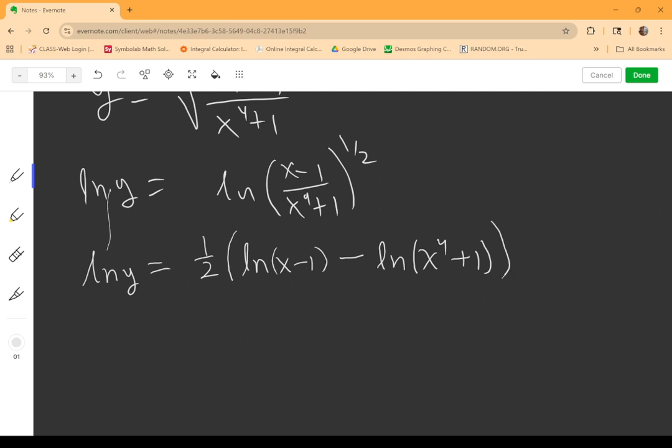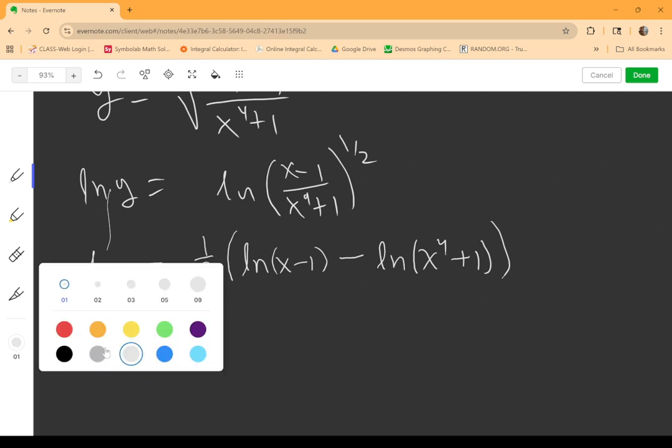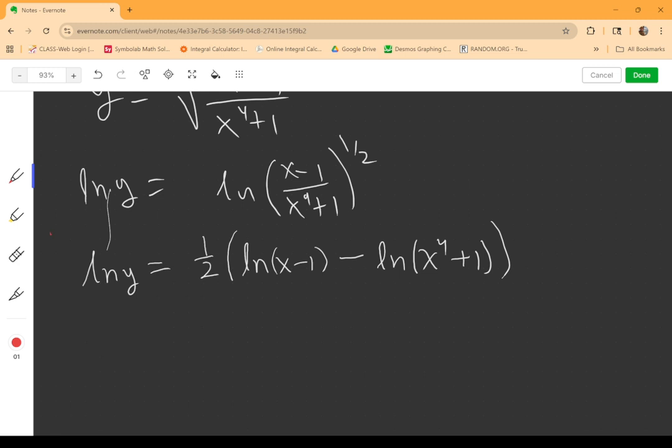Okay, and now let's try to take the derivative of this, and we'll see this is much more straightforward, or a little bit less painful, than the original function that we started with.